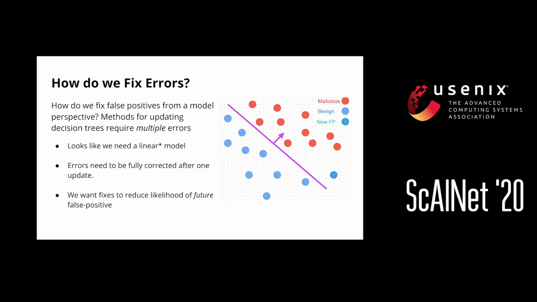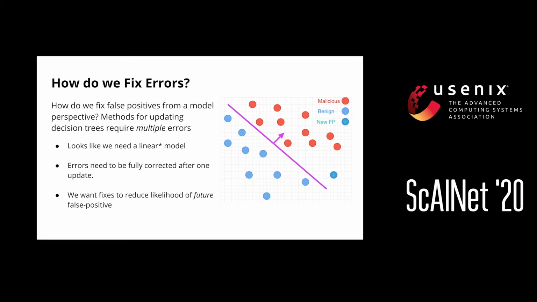There are approaches to it, but they require multiple errors in order to cause the model to really change its decision surface. And we need to be able to correct an error and immediately know afterwards that it is no longer an error. And that's much easier to do with a linear model, where we can just know that the hyperplane is now adapted.